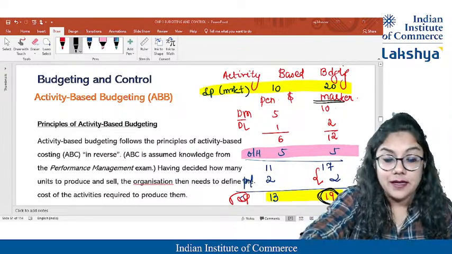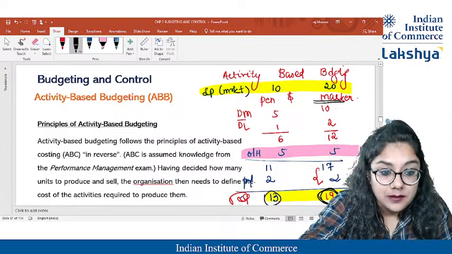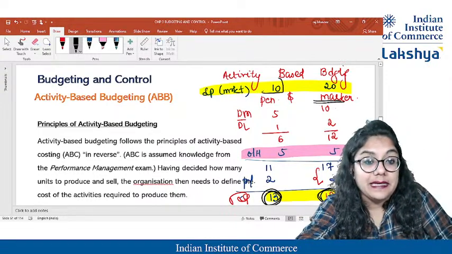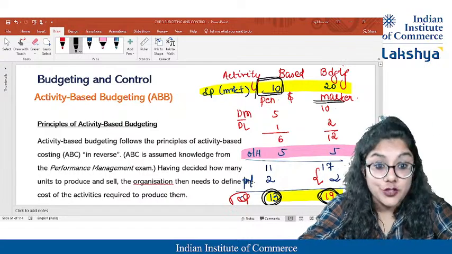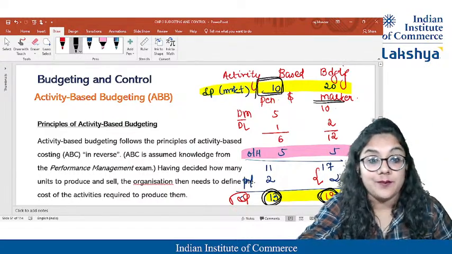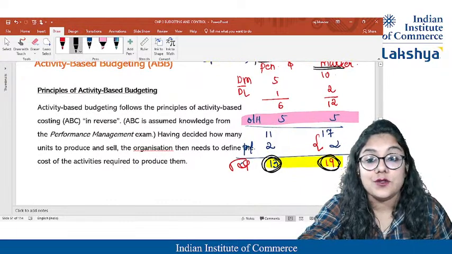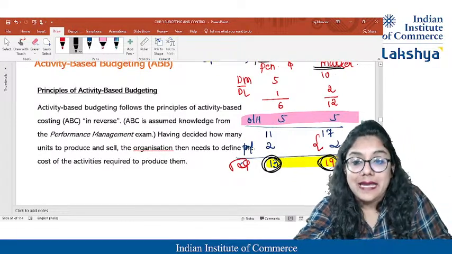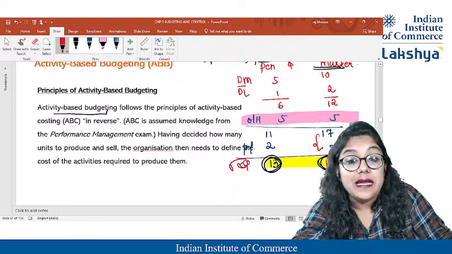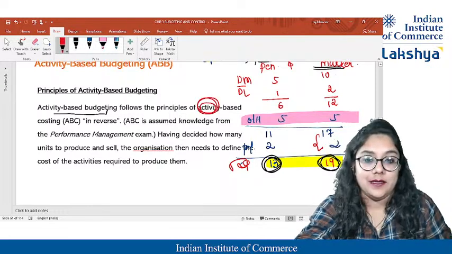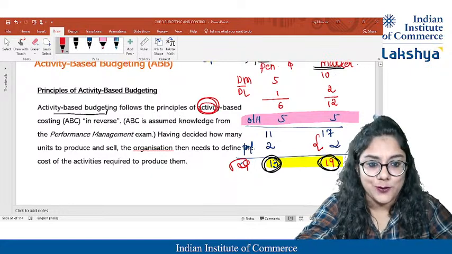But what if I am selling my pen at 13, but normally in the market I can get it at 10? Nobody will purchase, so you will be out of the market. That's the reason we have ABC costing, activity based costing, which follows the principle of activity, to decide the selling price and all. Okay.